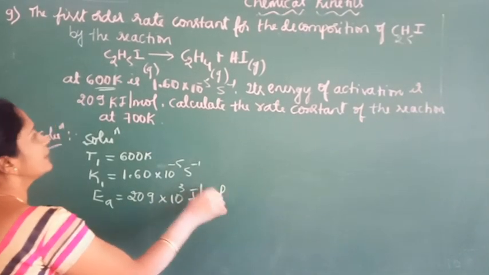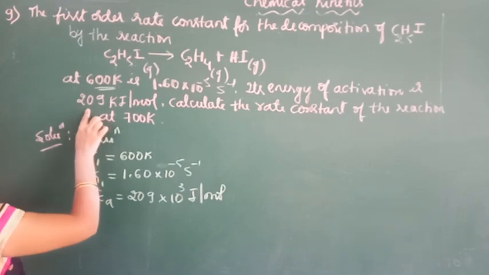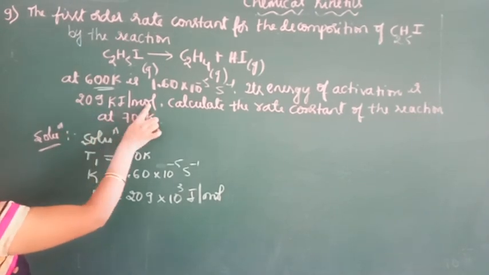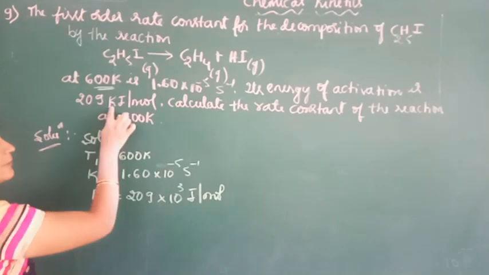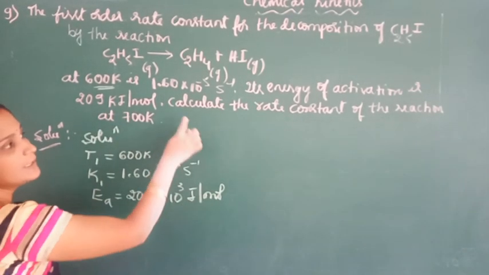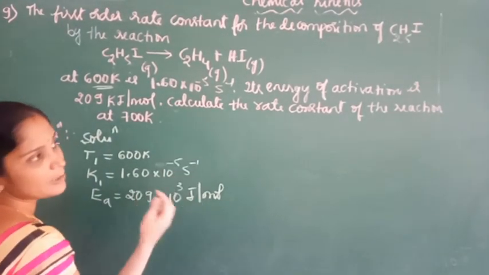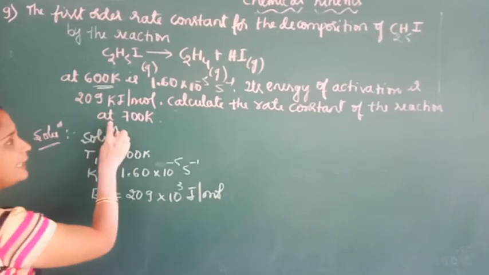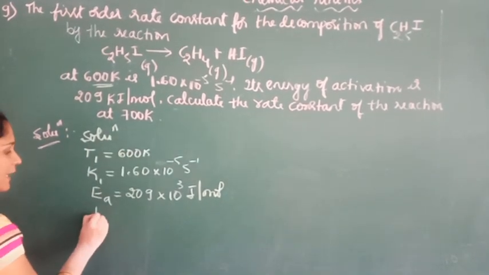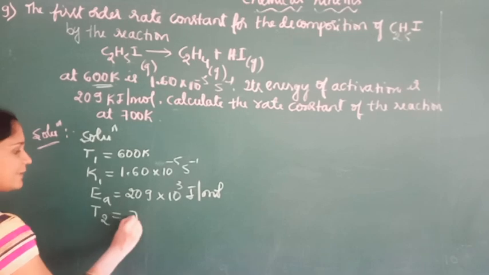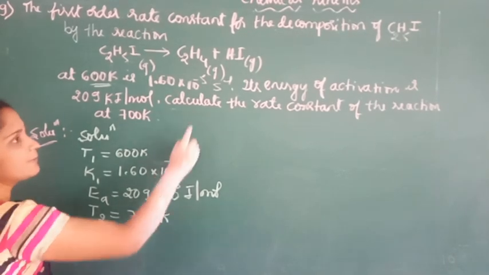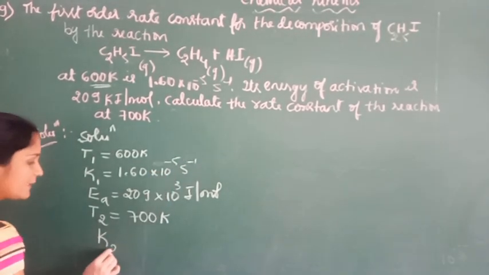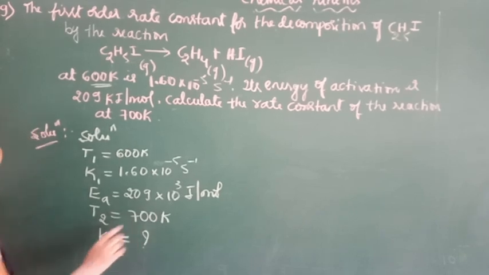So here they have given the energy of activation value, that is 209 kilojoule per mole. Here we have to calculate the rate constant of the reaction at 700 Kelvin, that means at temperature T2 equals 700 Kelvin. We have to calculate the rate constant K2 at 700 Kelvin.